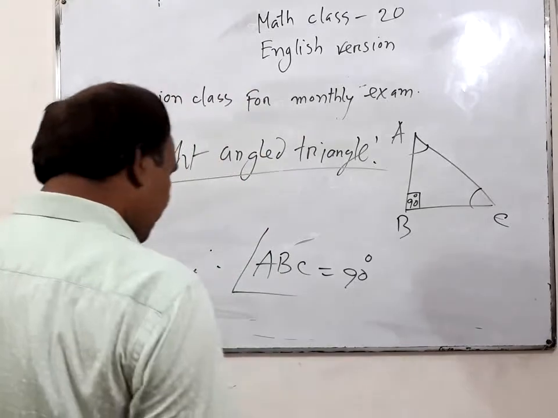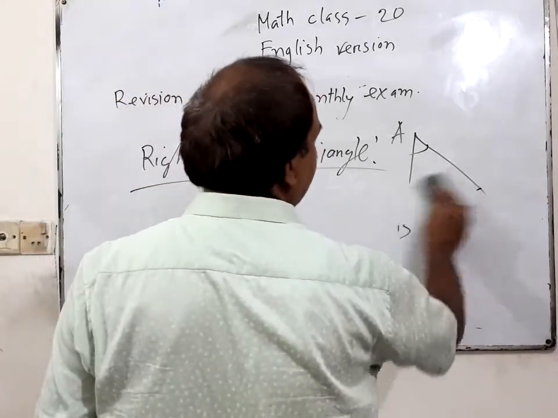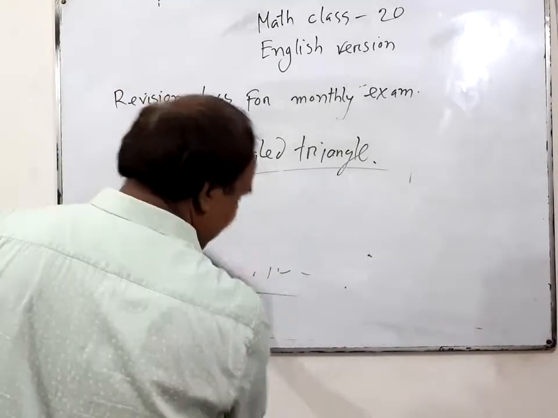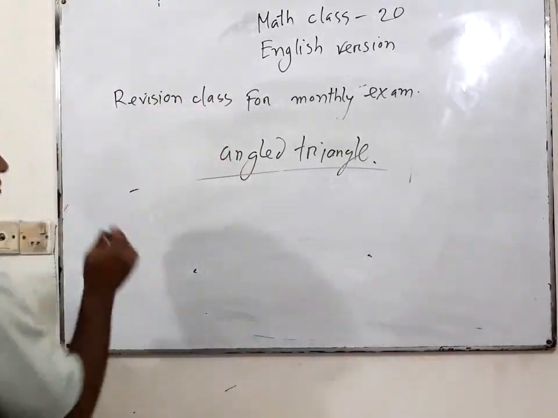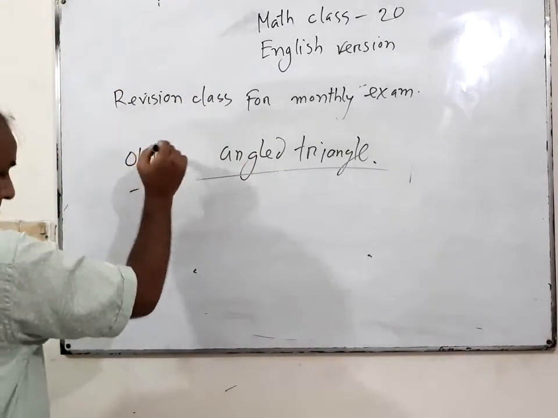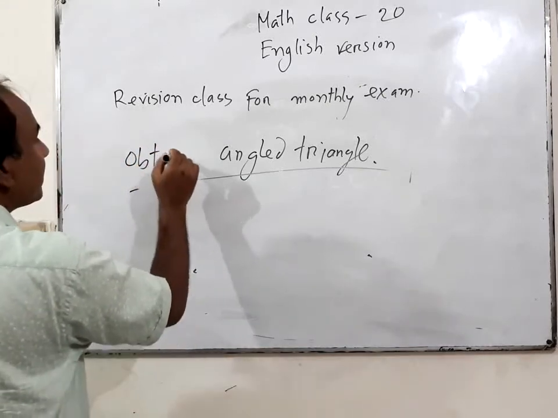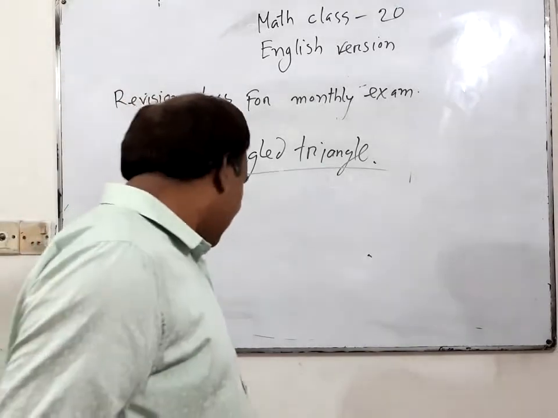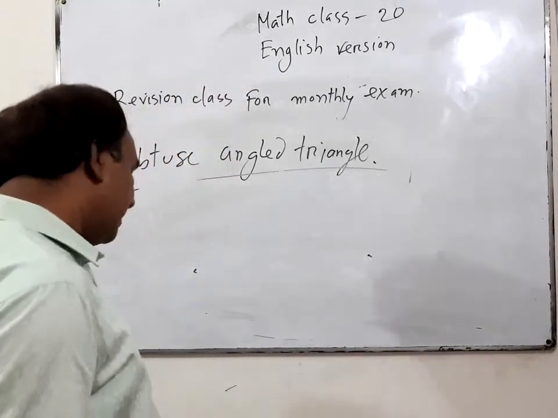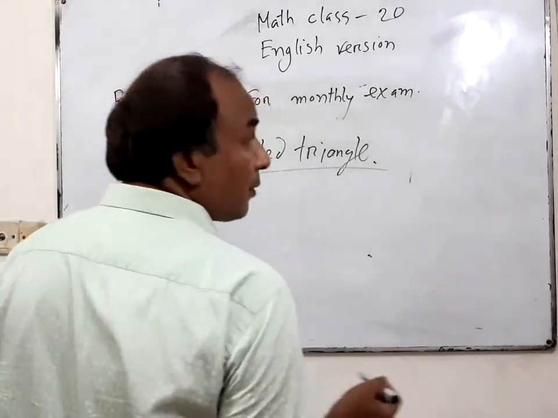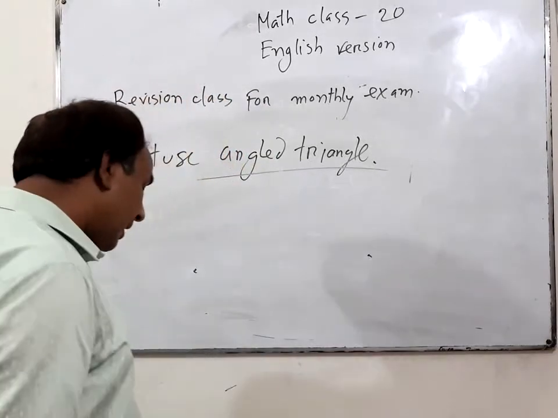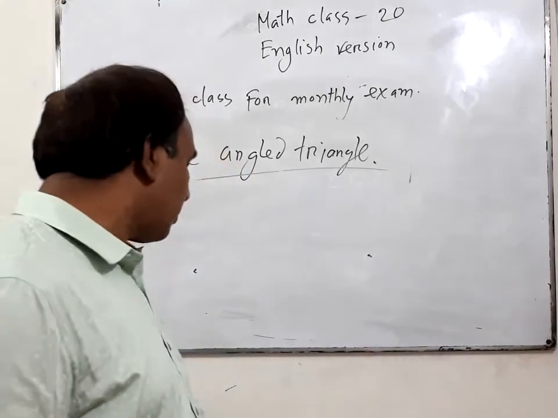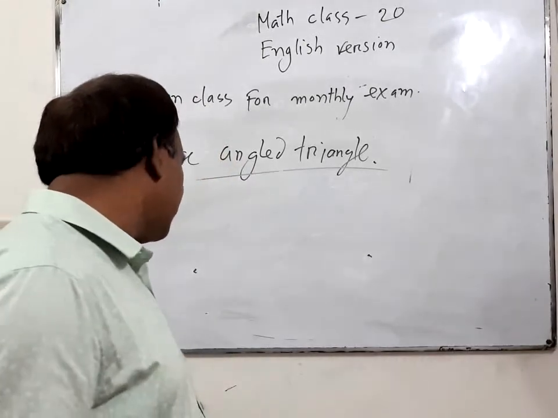And obtuse angle triangle. An obtuse angle triangle: the triangle with one obtuse angle and another two acute angles. Here also, a triangle with one of the angles obtuse is an obtuse angle triangle.